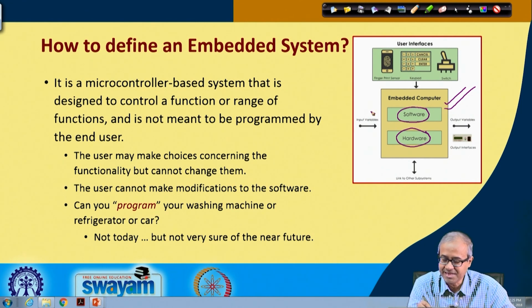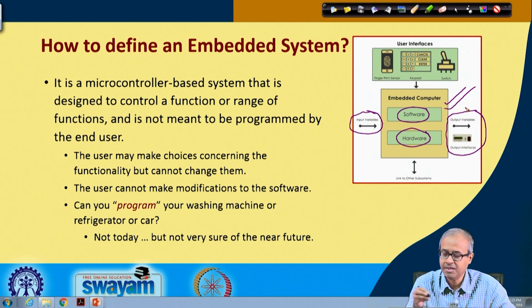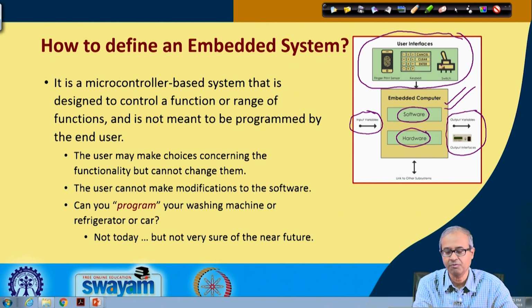It takes inputs through some sensors usually, and it can control something through some outputs, and there are typically some user interfaces like some switches, some small keyboards, some touch sensors, maybe a remote control. These are all user interfaces, and it can also have some links to other subsystems. It depends on the system, of course. Okay? So, this is a general schematic of an embedded system.